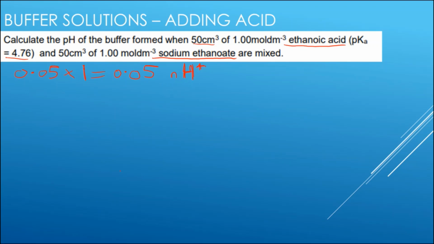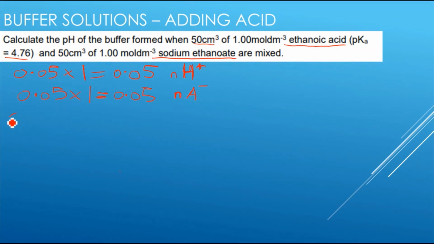And then we will calculate the moles of the salt of the weak acid, which will all convert into ethanoate ions, or just A minus in any case, and this is also 0.05 times 1, which will also give us 0.05.